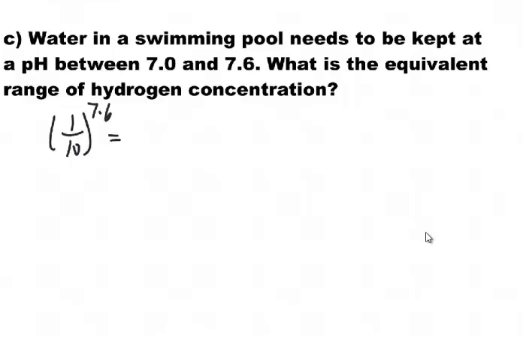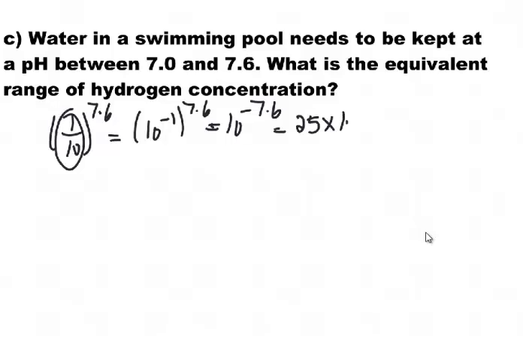This is going to give us 10 exponent -1, I change this one to negative exponent 7.6, which is equal to 10 exponent -7.6. You multiply the exponents now. If you use your calculator, this is going to be 25 times 10 exponent -9 moles per liter.